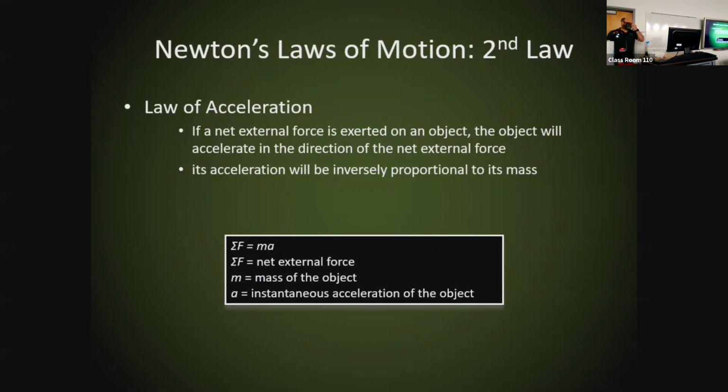So, the law of acceleration: when a net external force is exerted on an object, the object will accelerate in the direction of the net external force, and the acceleration is inversely proportional to its mass.